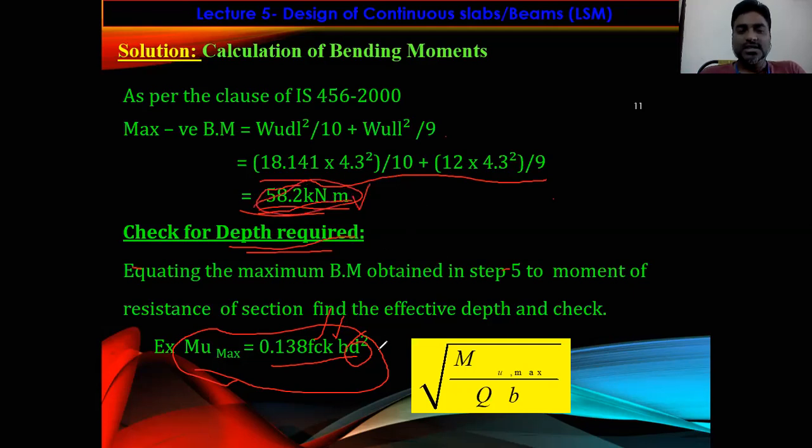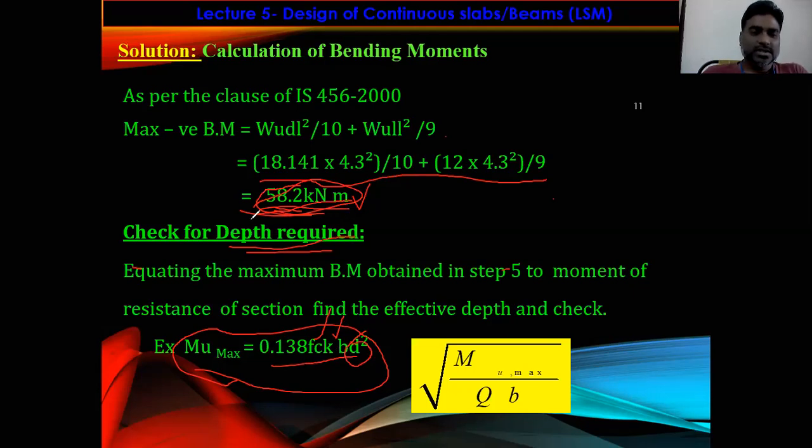If this depth required is sufficient to resist the maximum bending moment, then obviously it is safe in all other cases, because in other cases the bending moment is less than the maximum.